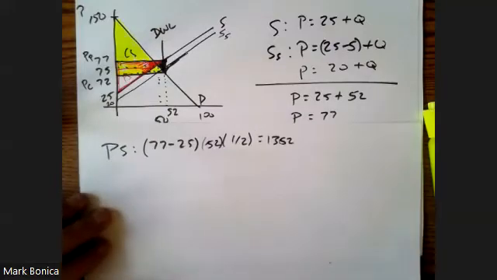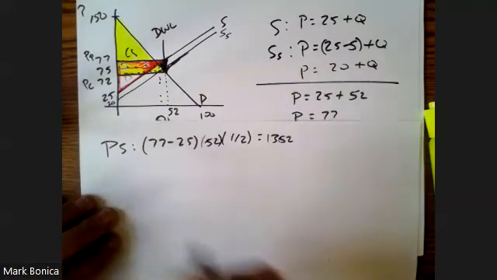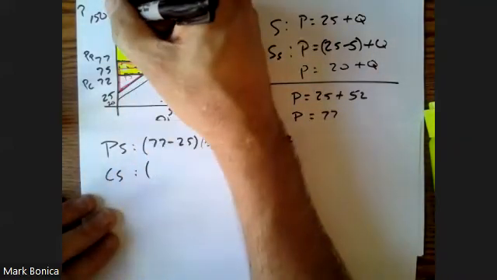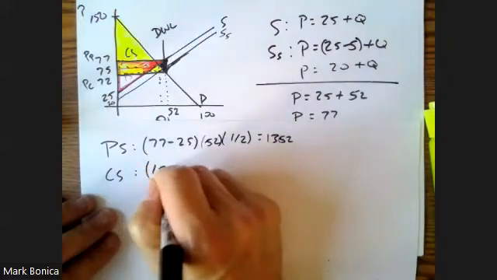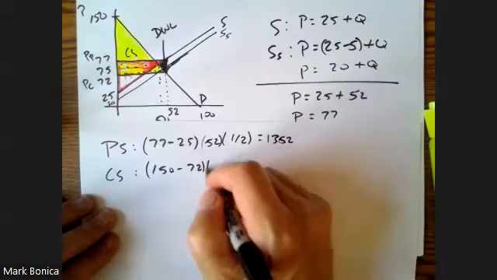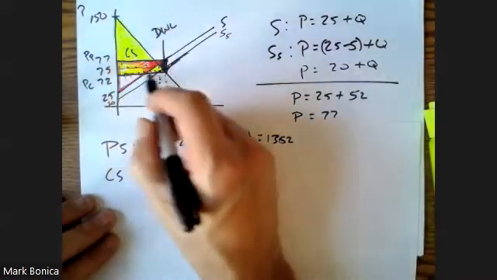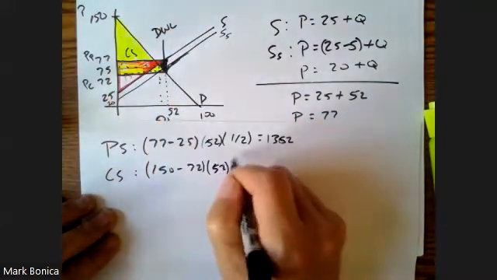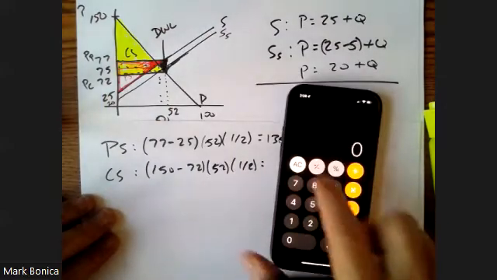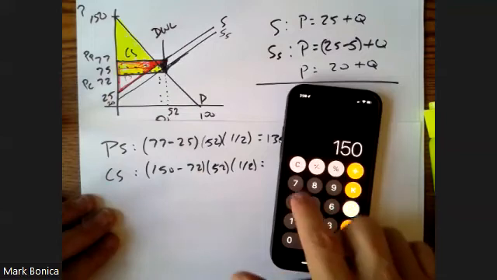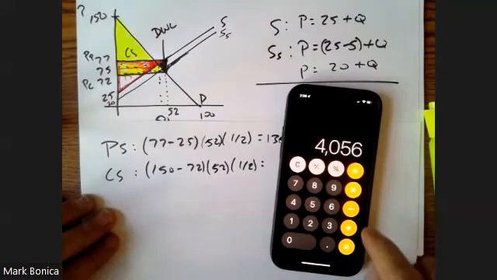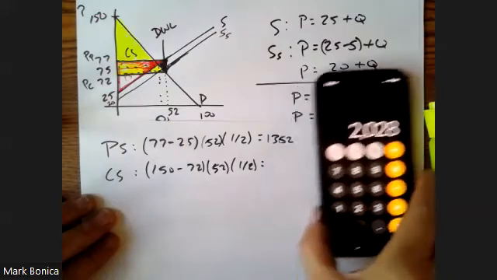And then the new consumer surplus: the height is 150 minus 72, as opposed to 150 minus 70, the original 75. And then it goes all the way over to 52 times 1/2. So 150 minus 72, 78 times 52 divided by 2 is 2028.